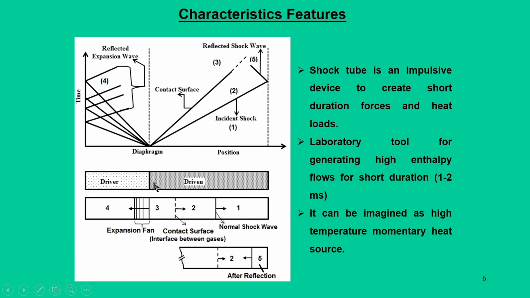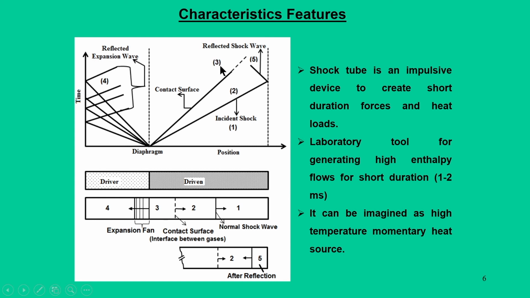Here we can see the position of the driver and driven sections at the starting point, that is the diaphragm. One observes that the incident shock moves because its velocity goes up, and it is followed by a contact surface. The regions are denoted as region 1, region 2 and region 3.